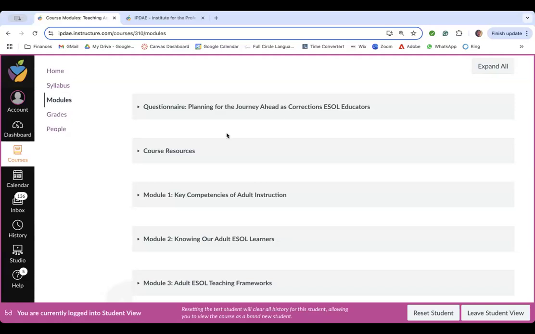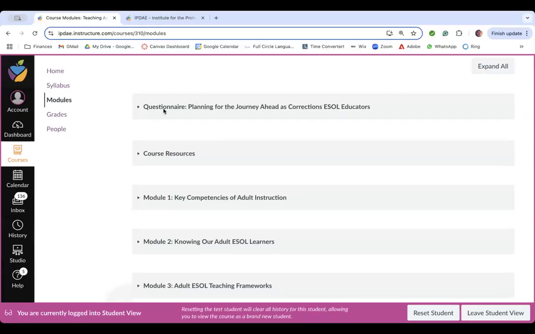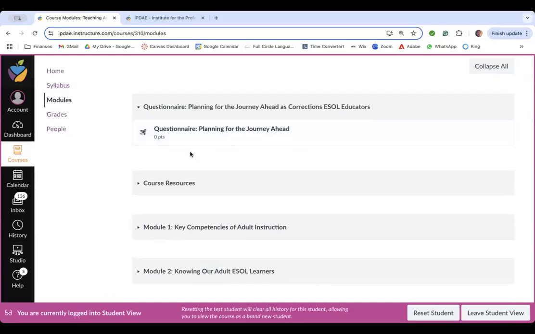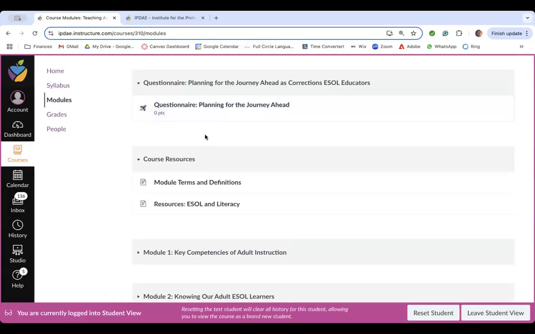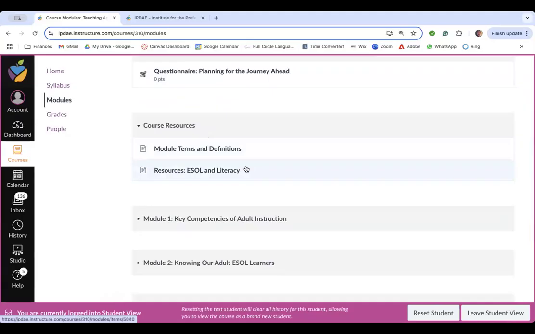So we can see here how we have a questionnaire. And this is just to gather basic information and needs assessment, goals, motivations, interests, topics, strengths from the course participants. So we have that in a course questionnaire. We have course resources. So these are module terms and definitions.